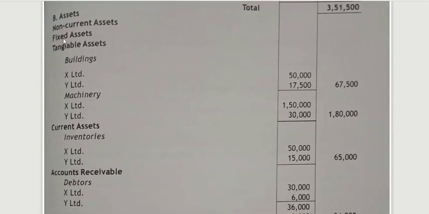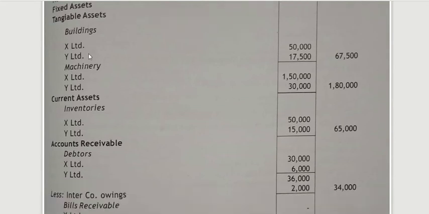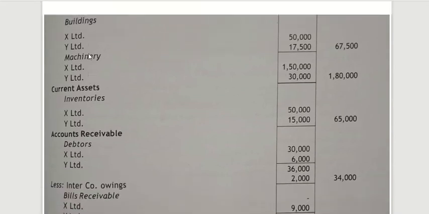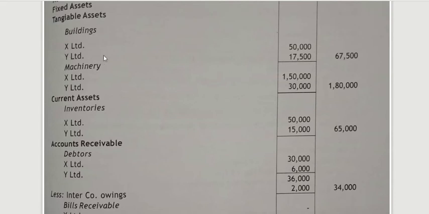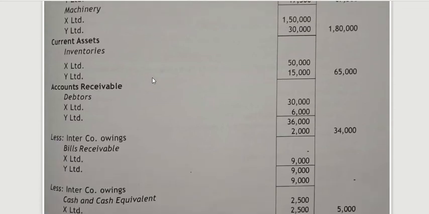Now moving on to your asset side, non-current asset. Under that we have fixed assets. Under fixed assets is your tangible asset. So we start with buildings. X Limited is 50,000, Y Limited is 17,500, total is 67,500. Machinery, X Limited is 1,50,000, Y Limited 30,000, 1,80,000. All this you will take from the balance sheet of the question.